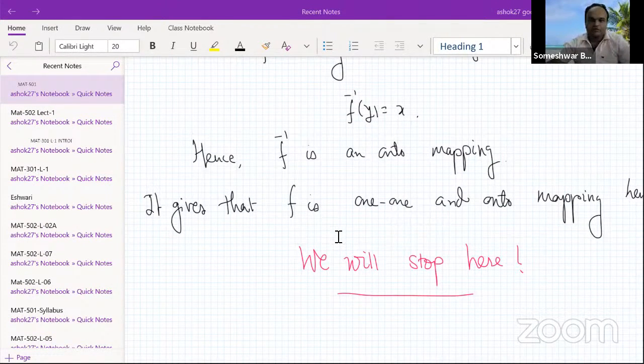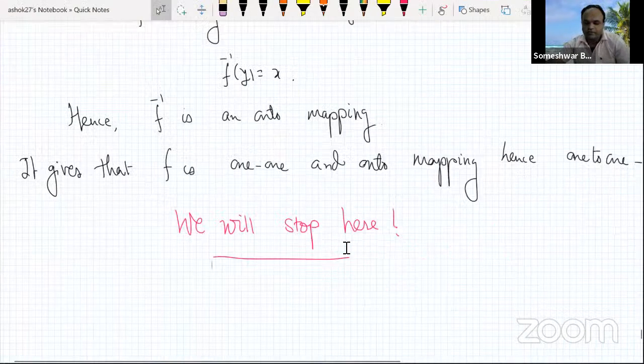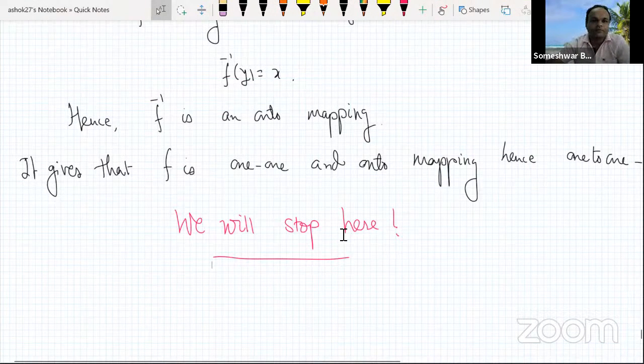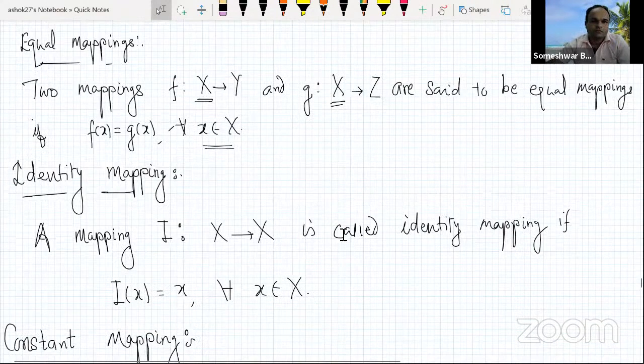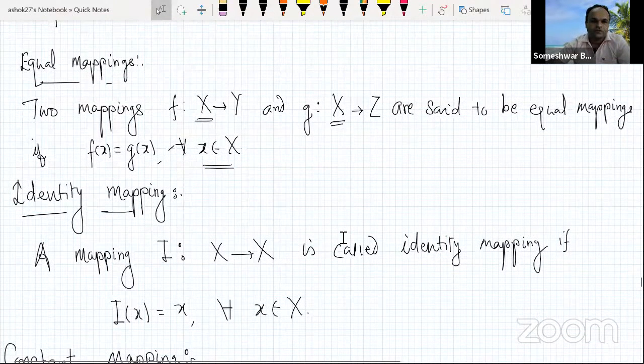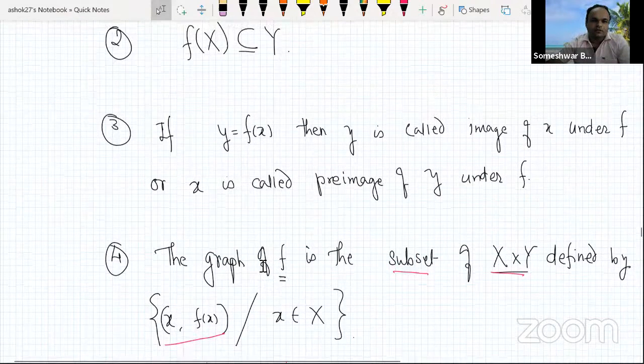So last time we have seen functions. Actually, we started chapter number 2. So first we defined function. Then we have seen different types of function. First type, one-one mapping. Second type, onto mapping.